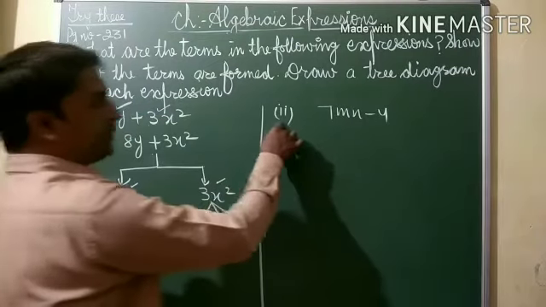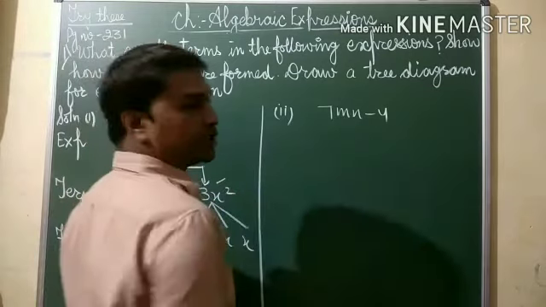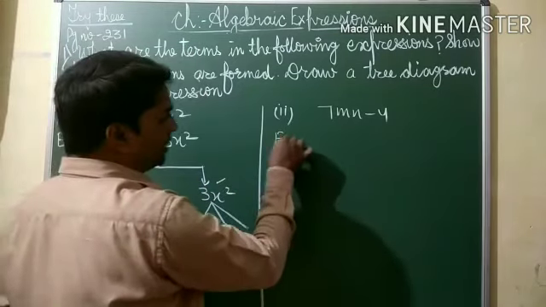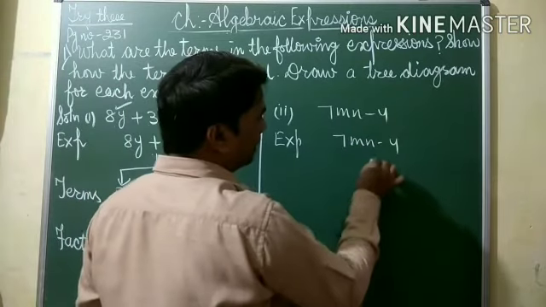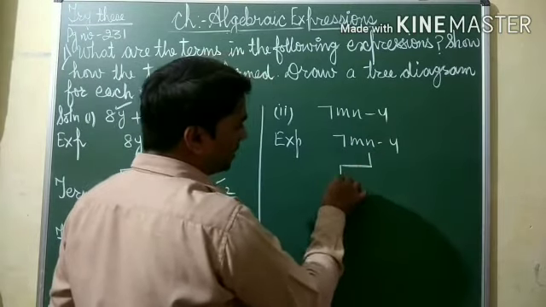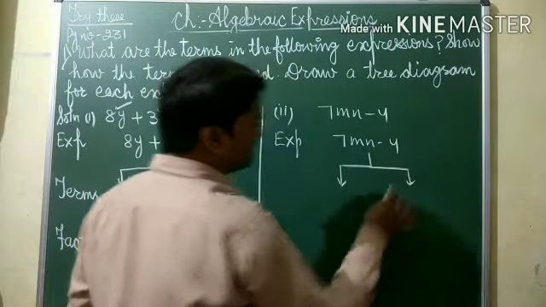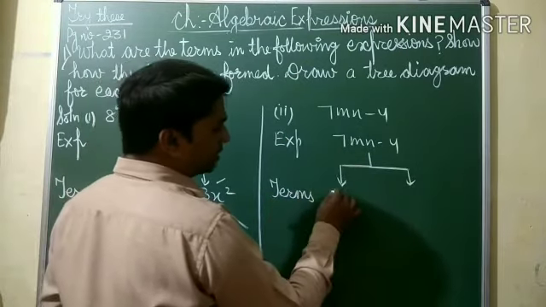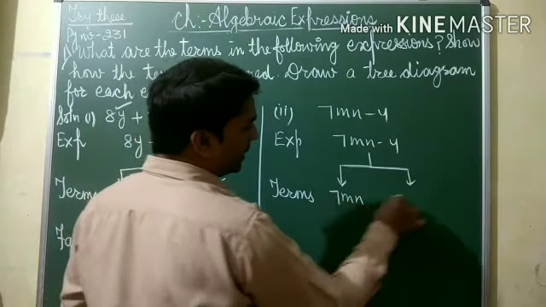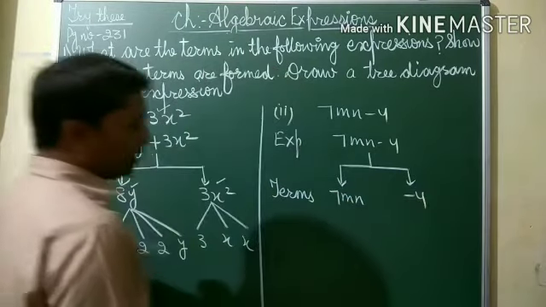Next is second part, 7mn minus 4. So first of all write here the expression 7mn minus 4. Again this expression contains two terms. So first of all write here terms, and the terms of this expression are 7mn and minus 4.